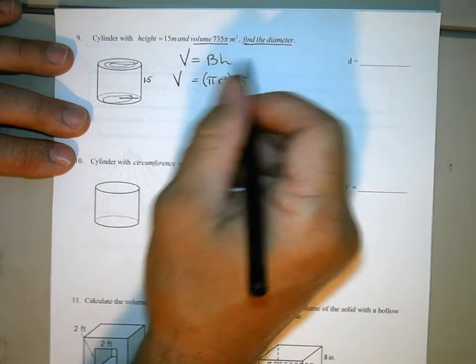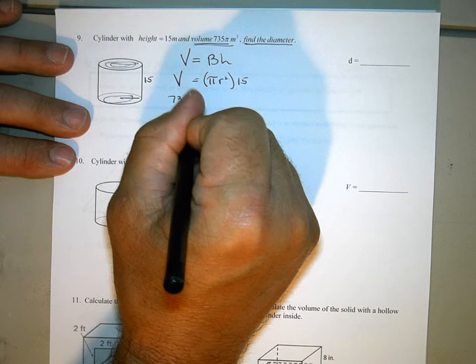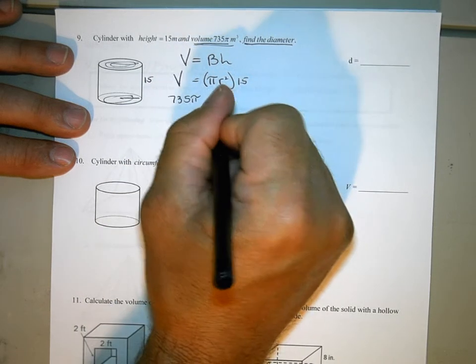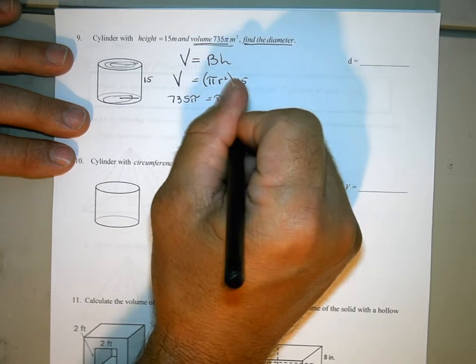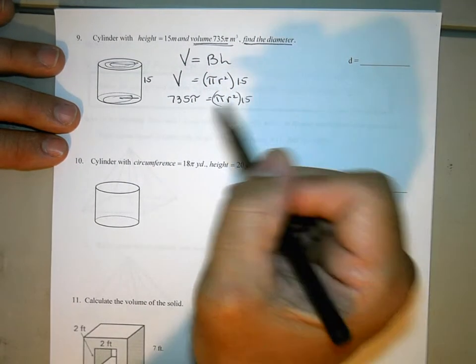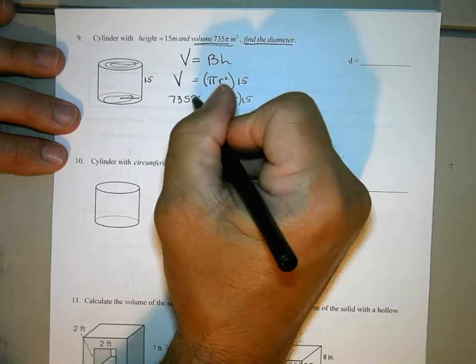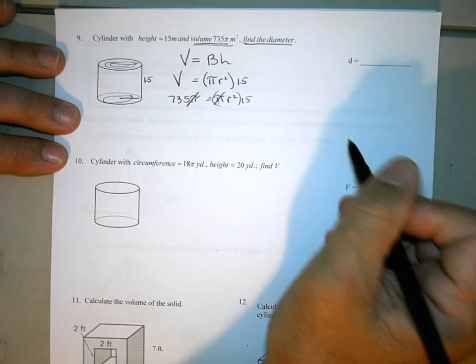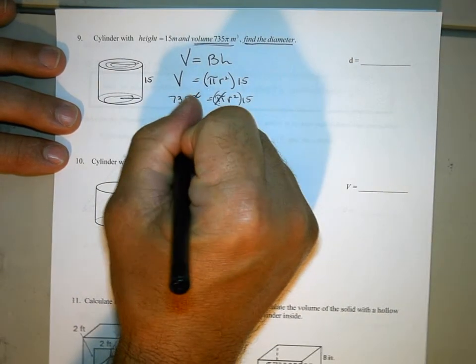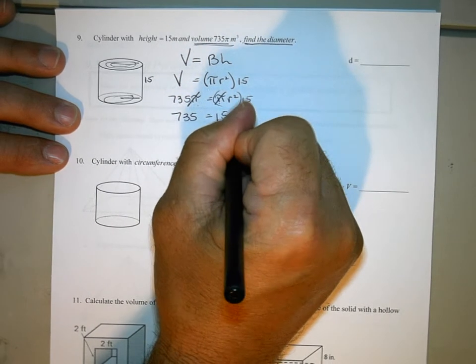And we were also given the volume, so it's 735 pi equals pi times radius squared times 15. Whenever I'm doing one of these work backwards problems with a circle, there will always end up being a pi on both sides, and we can just divide both sides by pi and get rid of those. So this makes it a little easier. 735 equals 15 r squared.